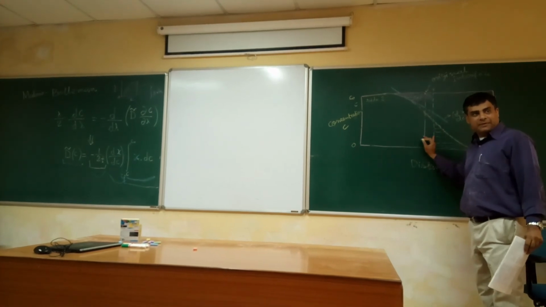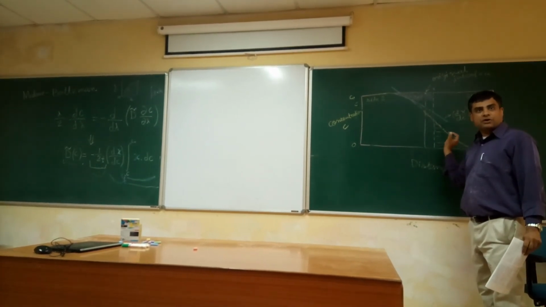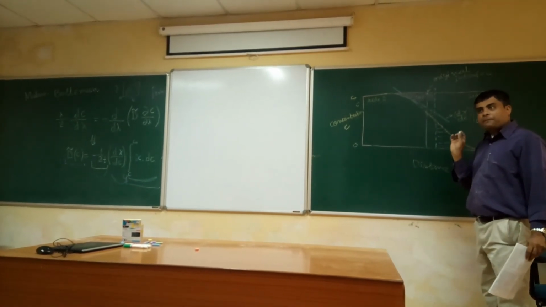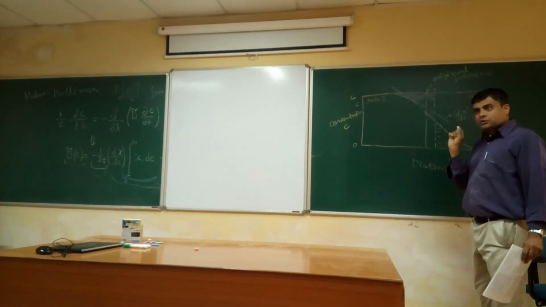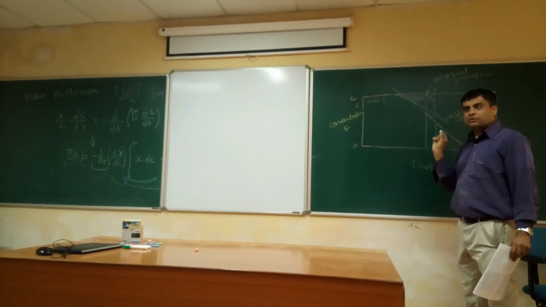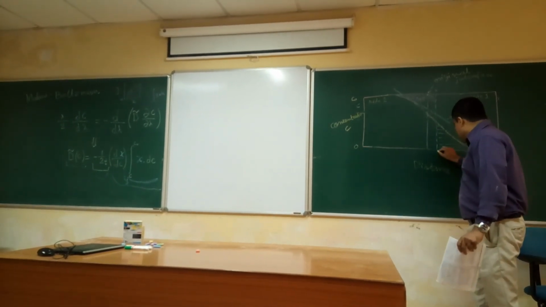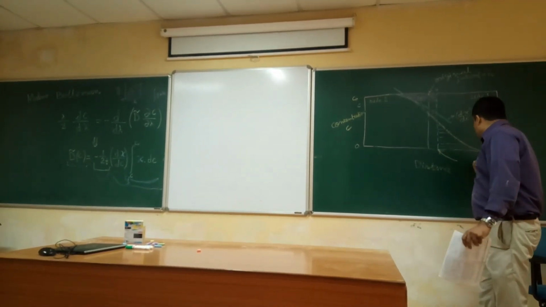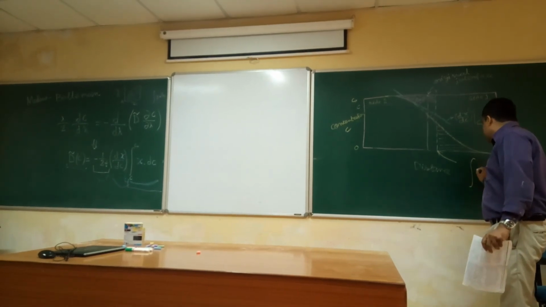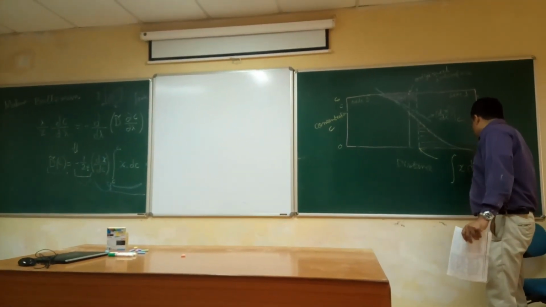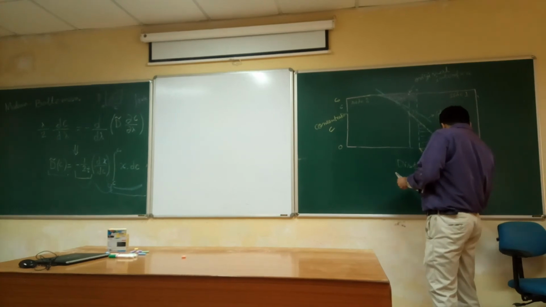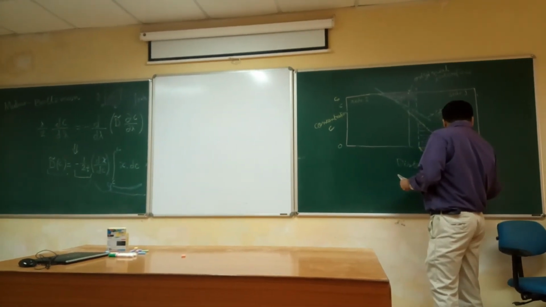Across that plane, the net flow of atoms is 0. That's what we define as x equal to 0, or origin. So mathematically, for this plane, the integral of x dC from 0 to c0 equals 0.